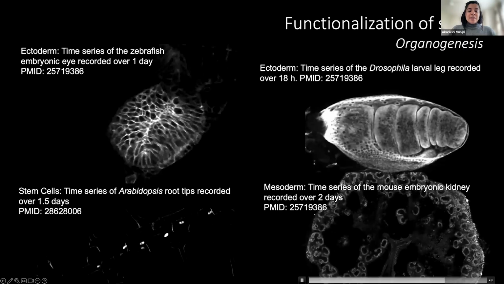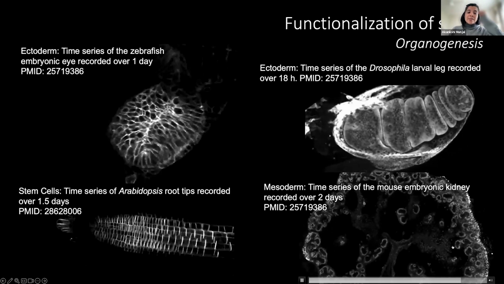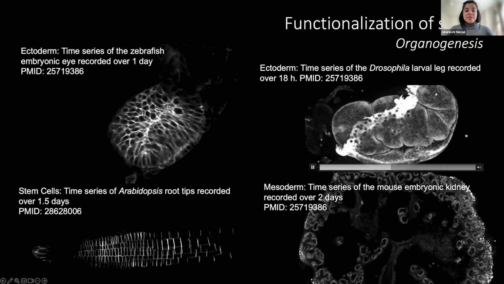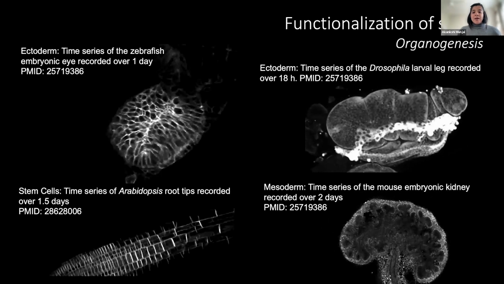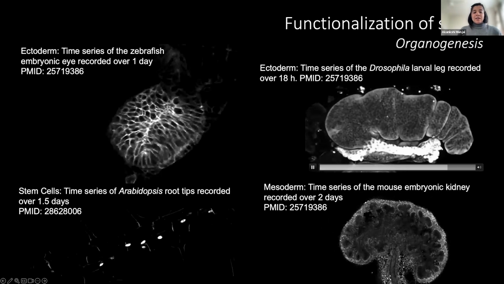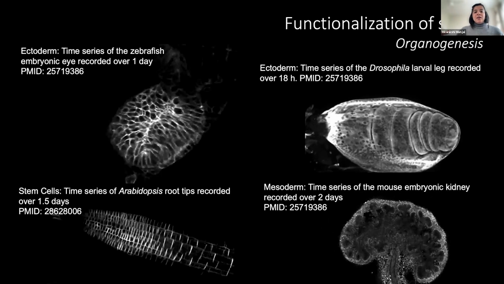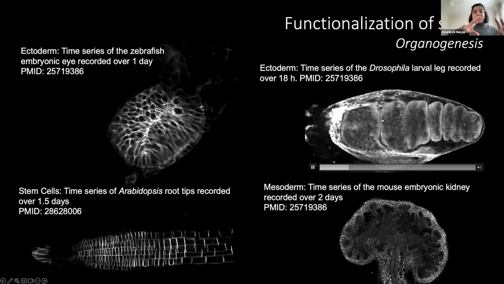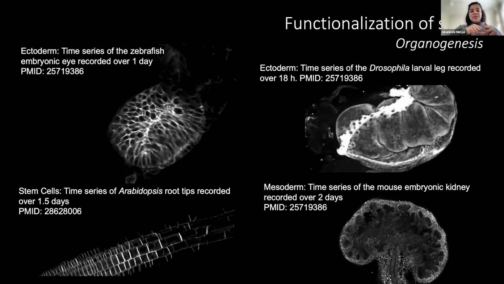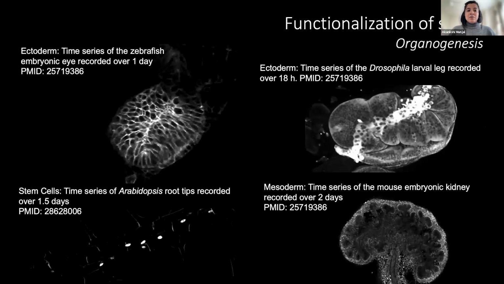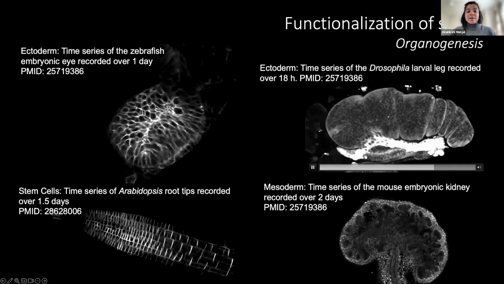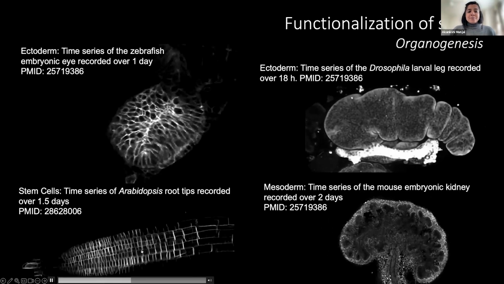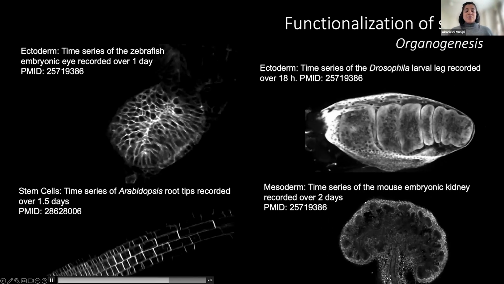In the second example here, you see a leg imaginal disc of Drosophila, in culture, so you see this leg proper elongating inside this peripodium layer that tears apart when the elongation is happening. In this example, you see Arabidopsis root tip growing.